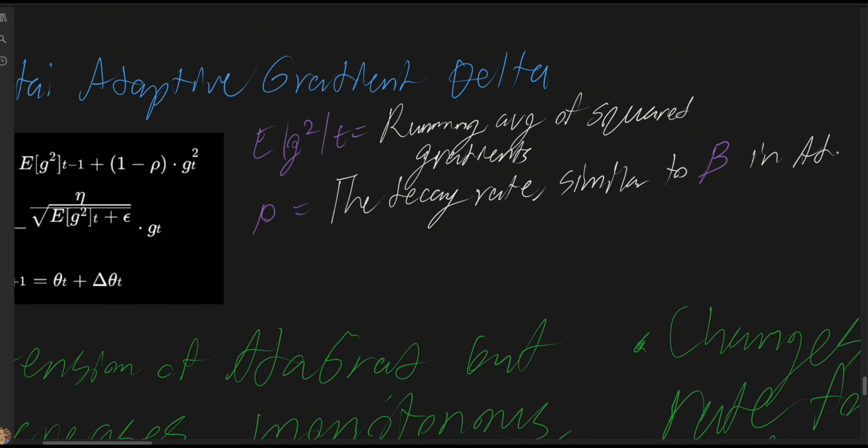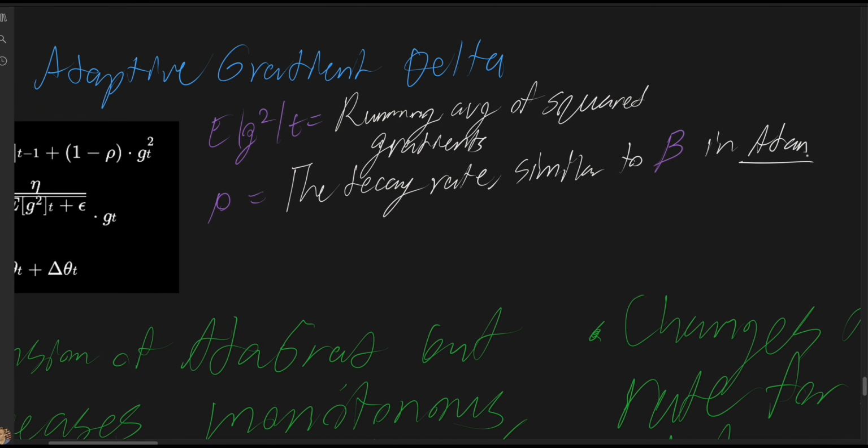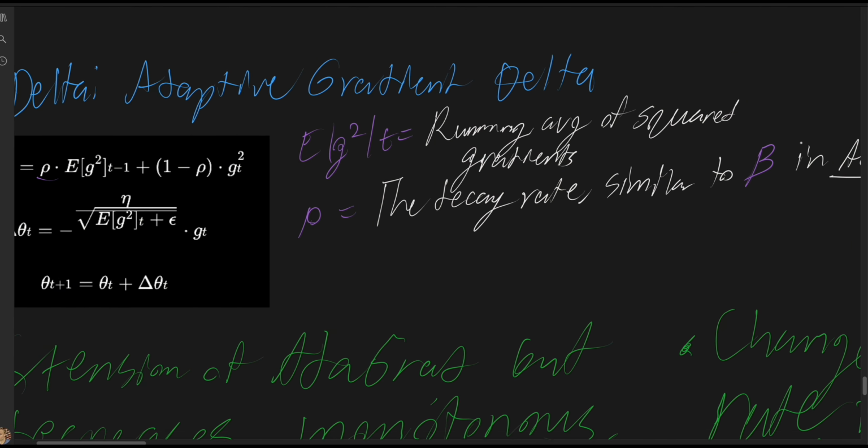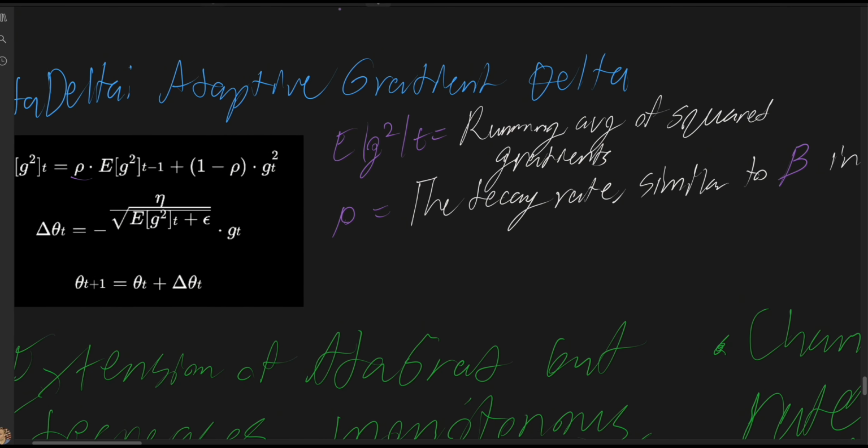In the Adam optimizer. Then we have delta theta t, which is the parameter update vector at a specific time step t.